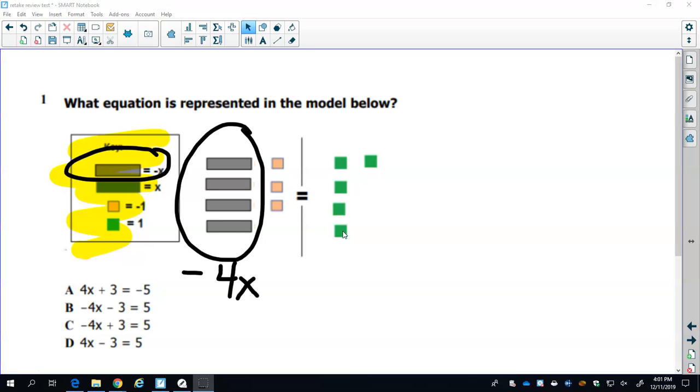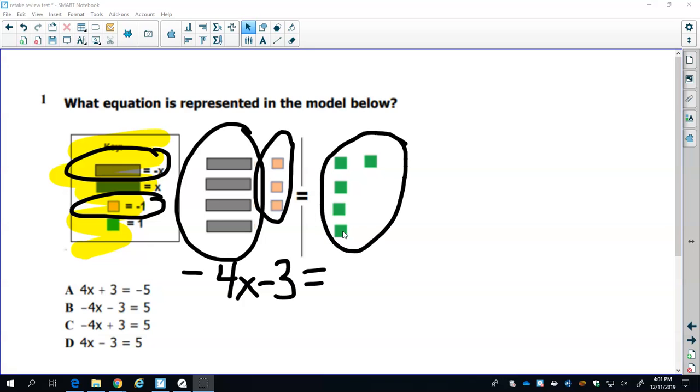On this side, we also have these peach-colored ones, which are also negatives. So whenever we have negatives, when we add negatives, it's the same thing as subtracting positives. So this is going to be minus 3. We have our equal sign, and then on the right, you can see we have these pieces, and they're green, so they're positives. So it's negative 4x minus 3 equals 5.